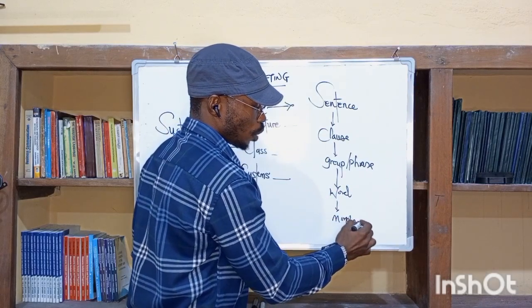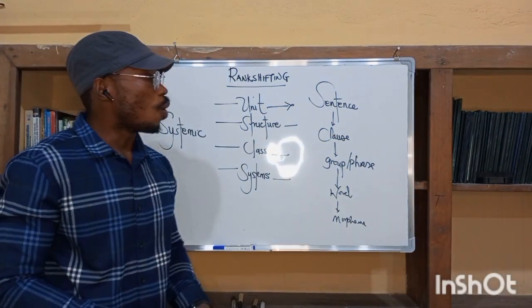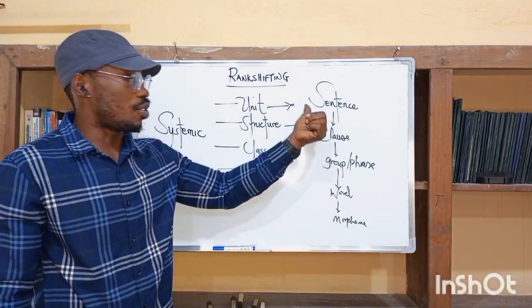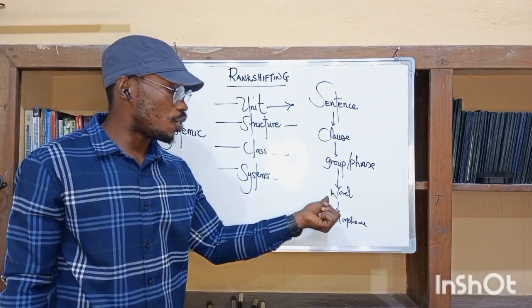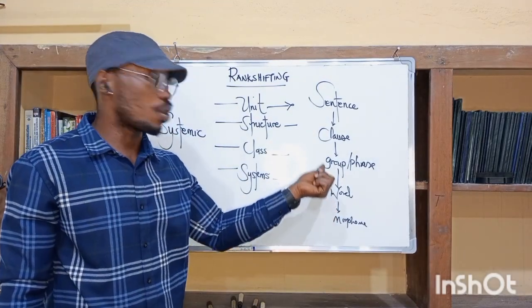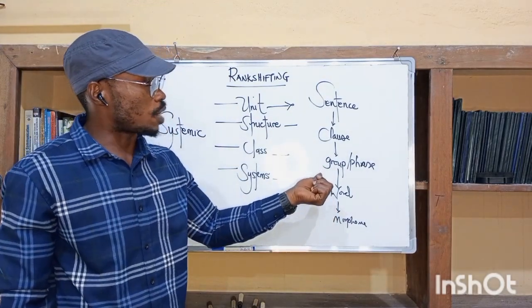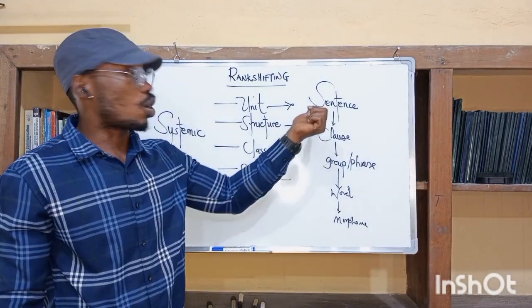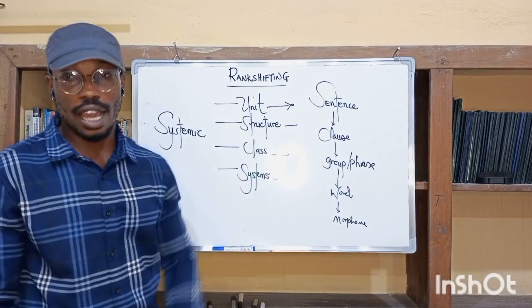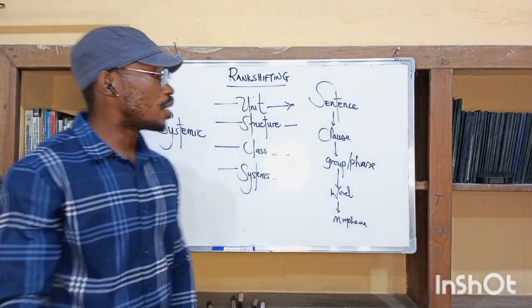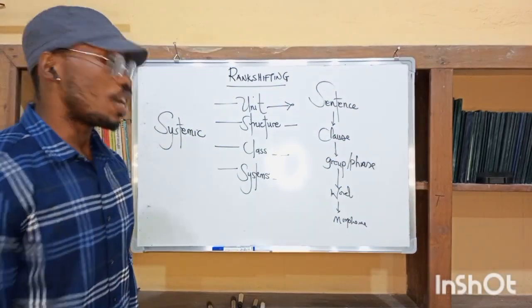The morpheme is the smallest unit of grammatical description, while the sentence is the largest or the highest unit of grammatical description. So morphemes come together to give you words, words come together to give you groups or phrases, groups come together to give you clauses, and then clauses come together to give you sentences. So we would say the sentence is the highest grammatical rank and the morpheme is the lowest grammatical rank.